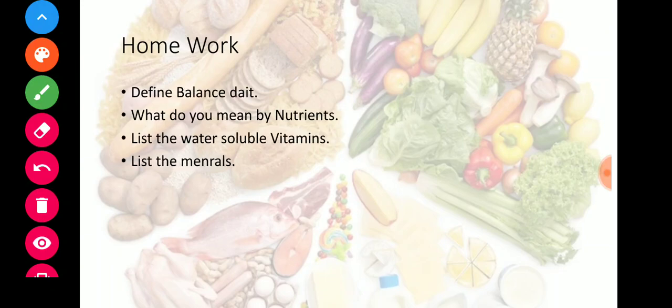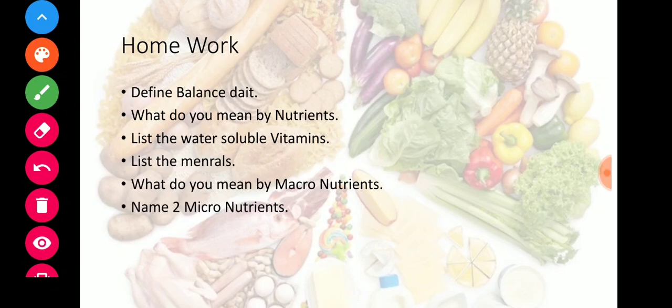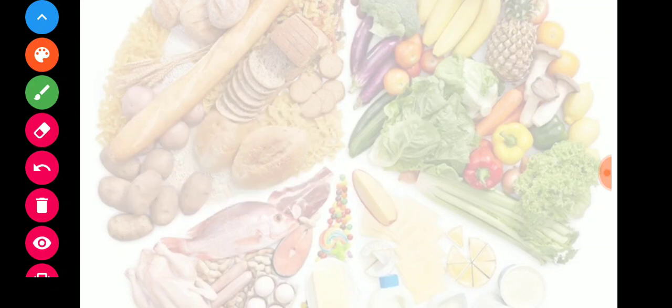List the minerals. What do you mean by macronutrients? Name two micronutrients. And all these answers you will write in your notebook, which must be kept properly for further circulation and correction.